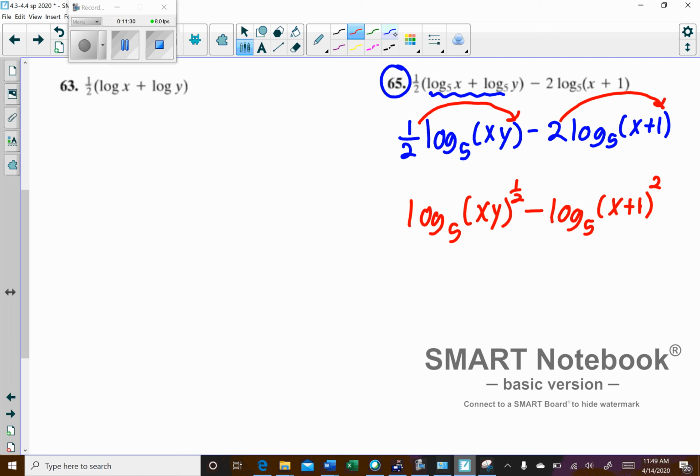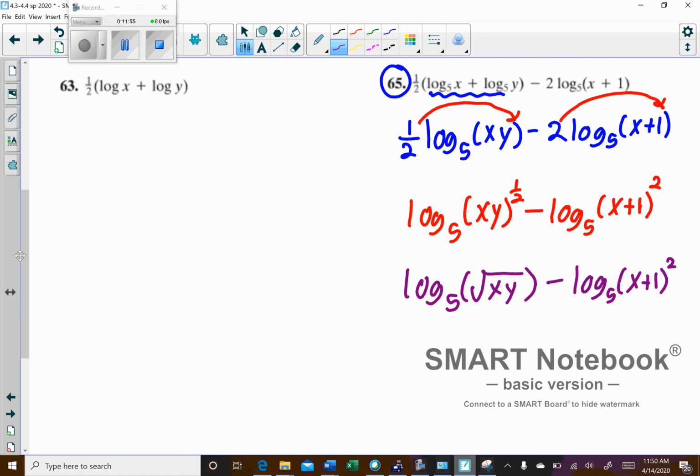Okay, then we're going to convert our fractional exponent back to radical form. So the xy to the 1/2, we're actually going to write that as the square root of xy. And then we got minus log base 5 of x plus 1 squared.